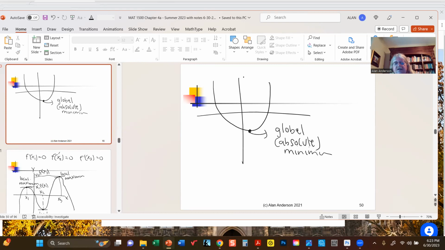In other words, this is it. This is as small as it can get. The function cannot go any lower than that. Y is going to be at that point or greater. There's no other part of the function where we can find a smaller minimum. And then what about the other case, the parabola that faces down?